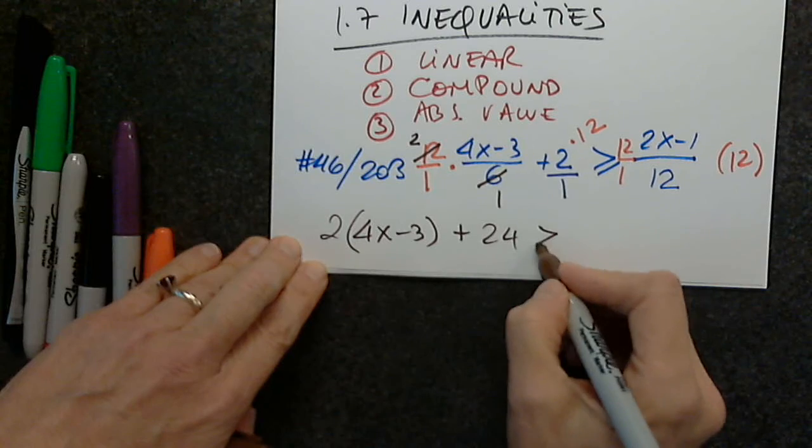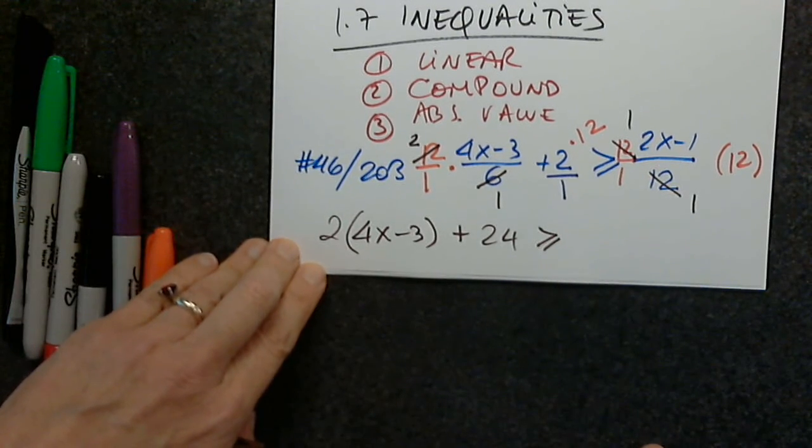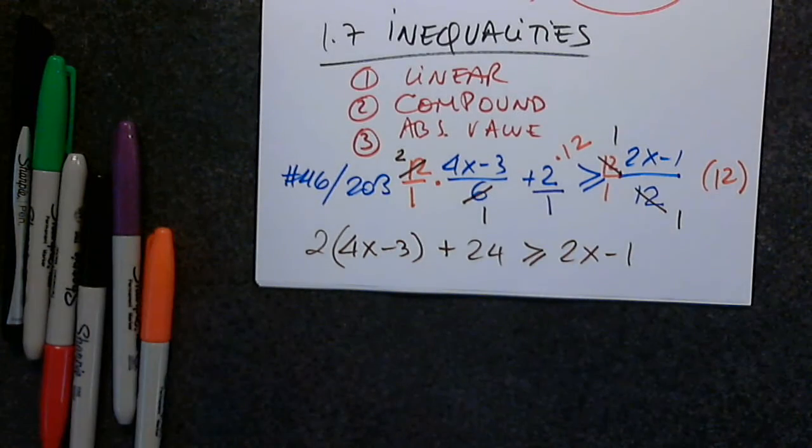Very good. And greater than or equal to, and look, 12 and 12, 1 and 1. 2x minus 1. Is this okay? Is everyone following? Any questions?